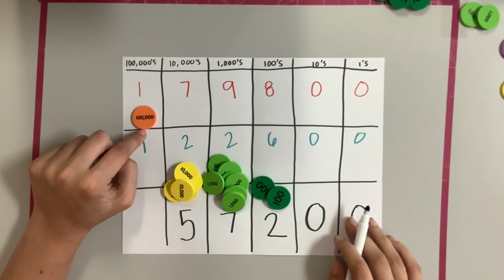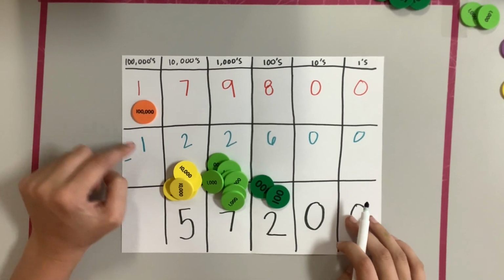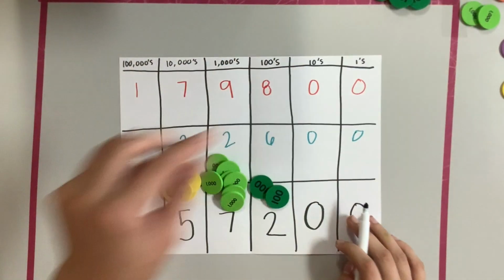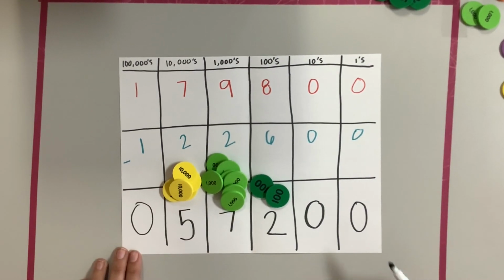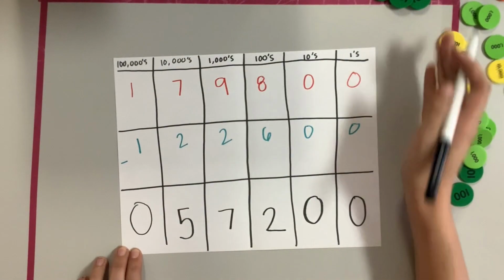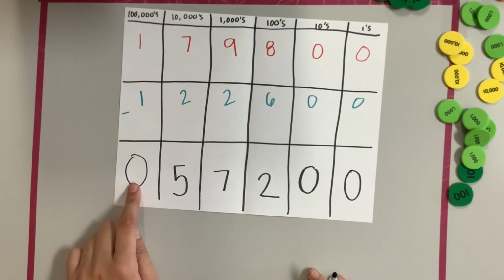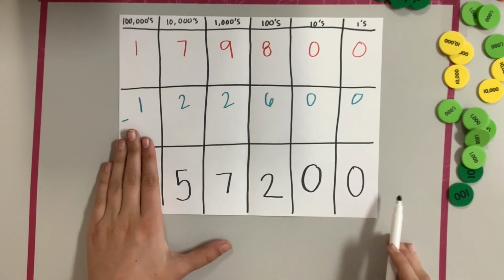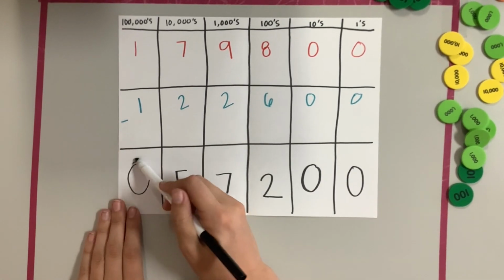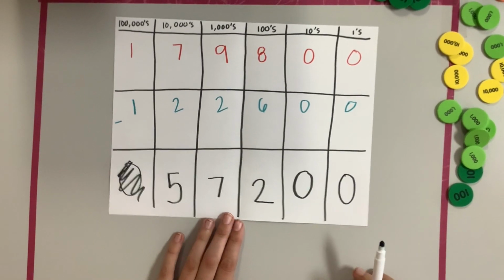I only have 100,000, and it wants me to take away 1, so sorry. But I have no 100,000s left. Wait a minute. Do I really need to put that 0 there? Not really. If I take that 0 away, they all stay in the same place, so the number doesn't change, so that looks weird. I'm going to just scratch that out.